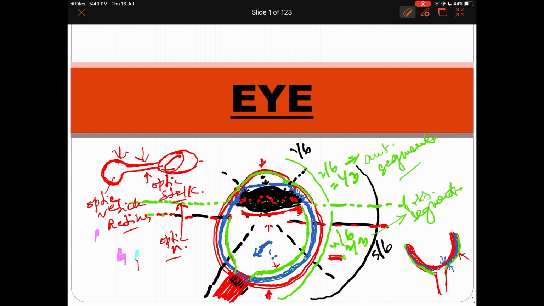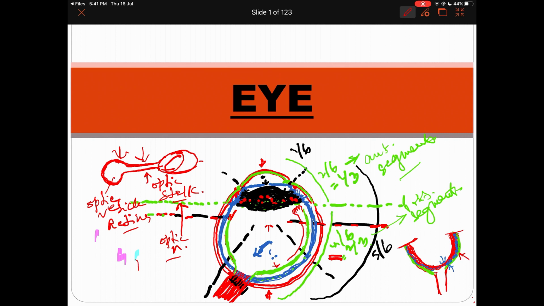This layer is called the neuronal layer, and I already told you that it has gone behind, at this area where it has bent. The non-neural layer, the non-photosensitive layer, becomes continuous with the photosensitive layer. That area is called the ora serrata, this point here.